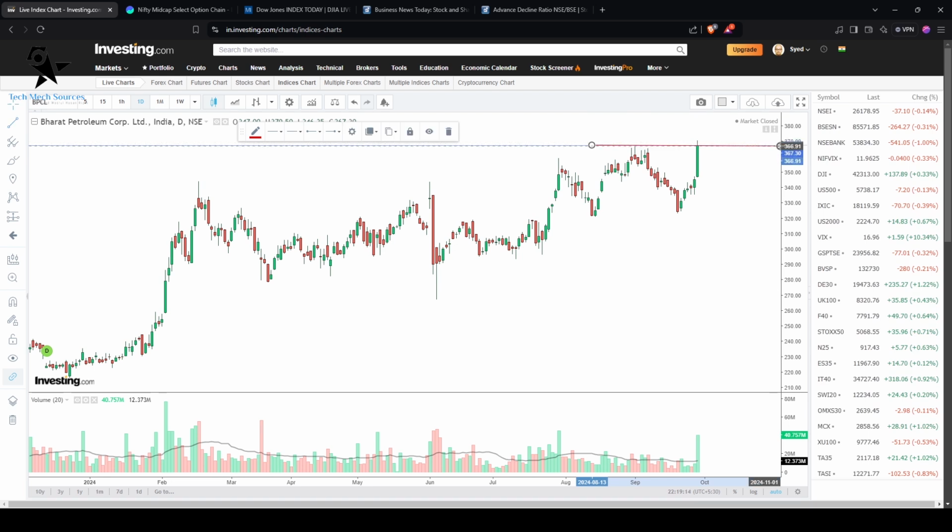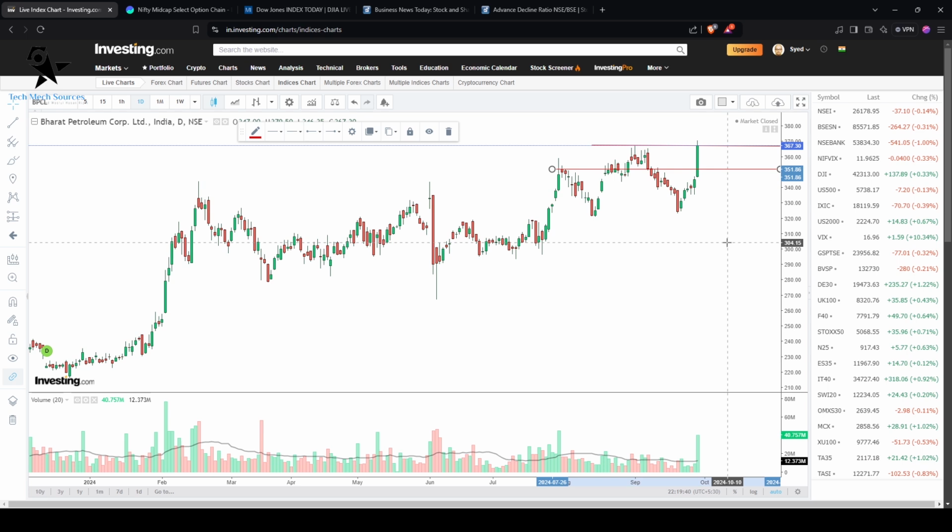This will act as a resistance, how much? 367, 368. Okay, if the market opens gap down, then it is going to go further down. Now, how much is it going to go down? It is going to go down until here.